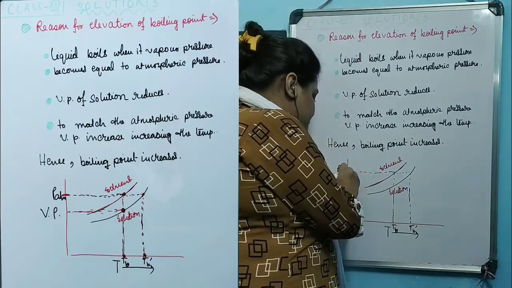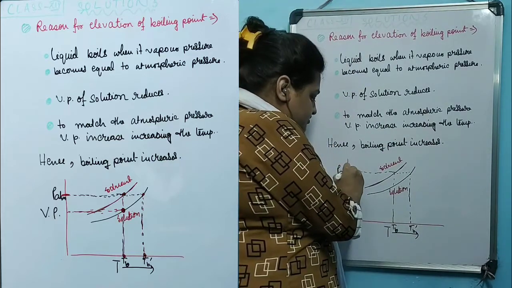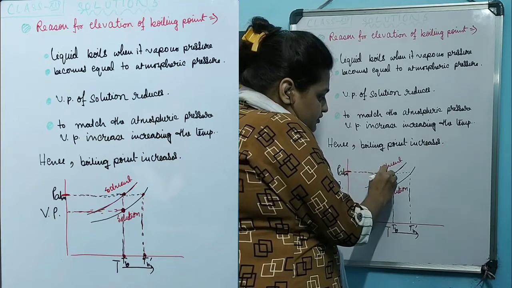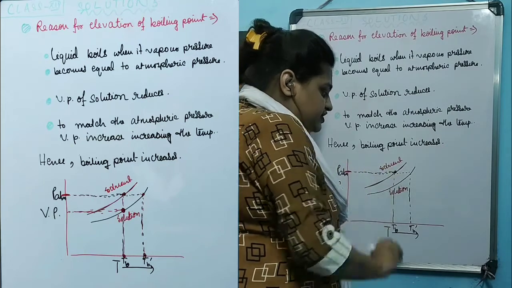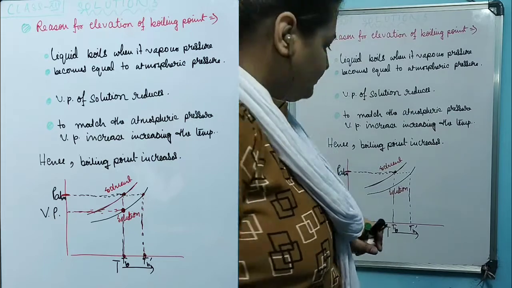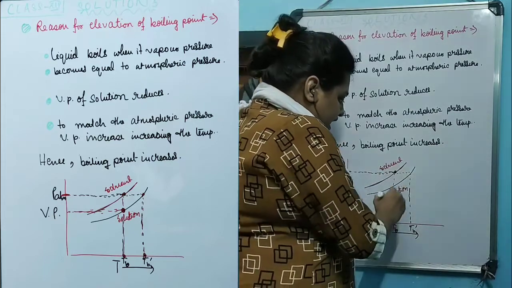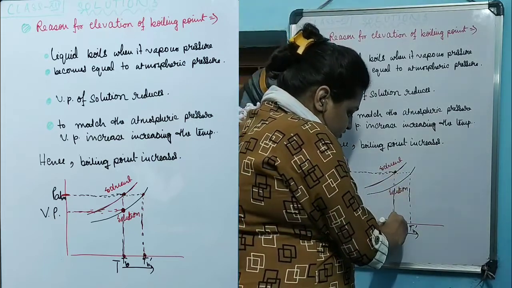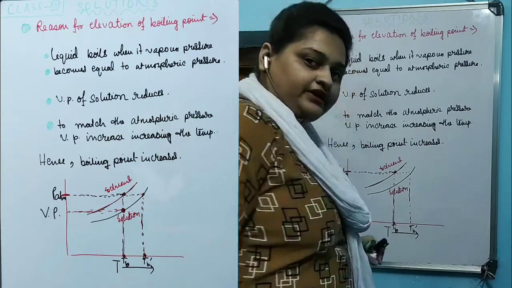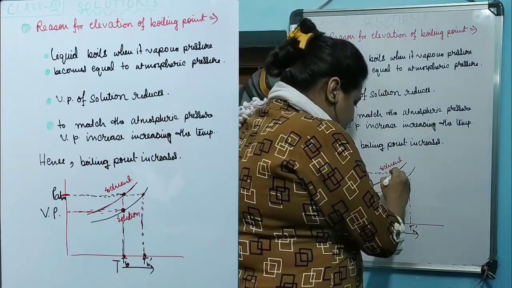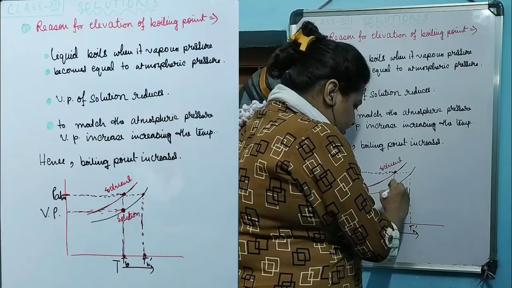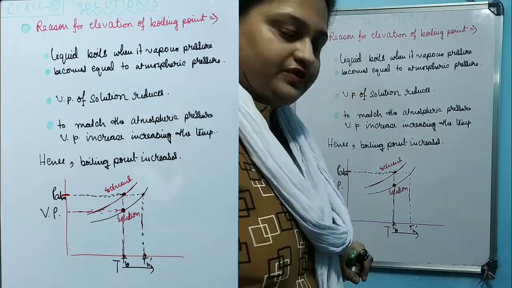When the pressure is atmospheric pressure, the pressure will be represented by this point for the solvent, and the corresponding temperature will be this point for the solvent. But at this point, the solution is at this temperature.